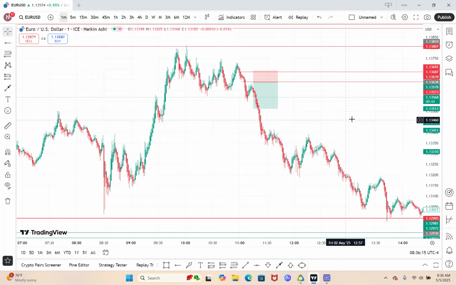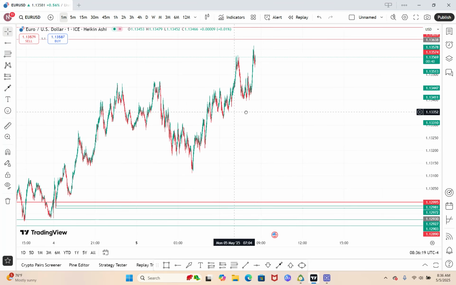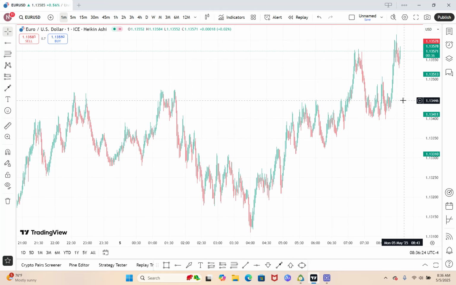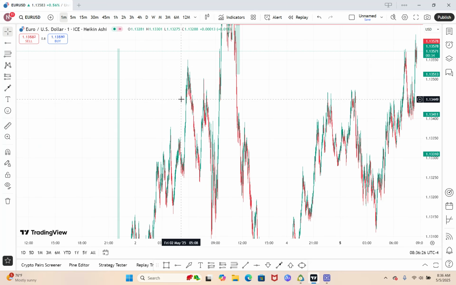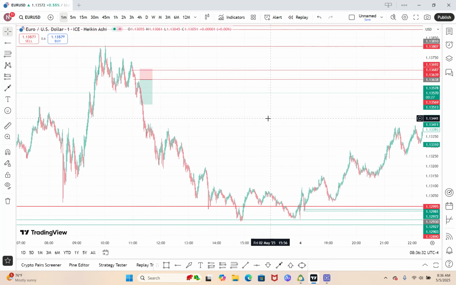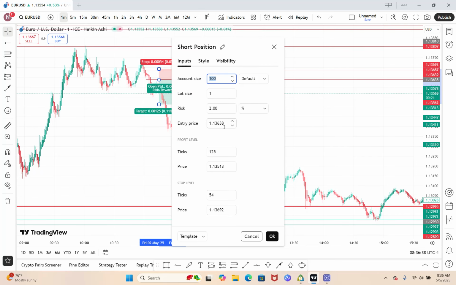Let's see where the closest buy structure is. Wow, the market is coming up fast. So if we want to get this trade, we have to set it now. Can't even set it, have to set the order right now. This is where price is. So if you want this trade, I have to put it on now. Copy.